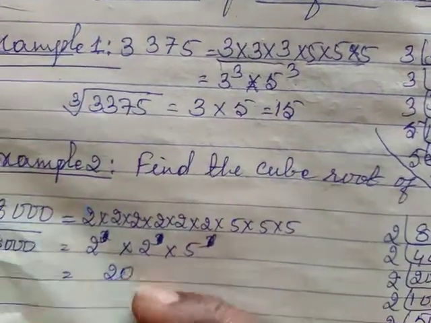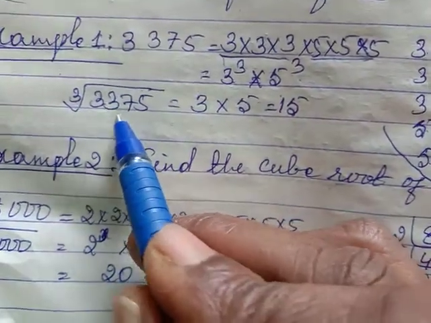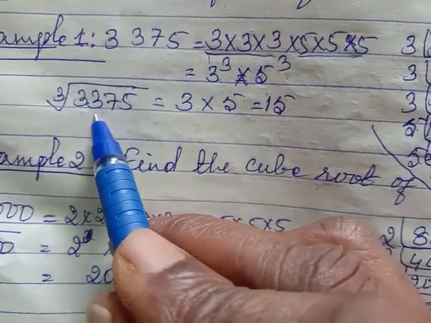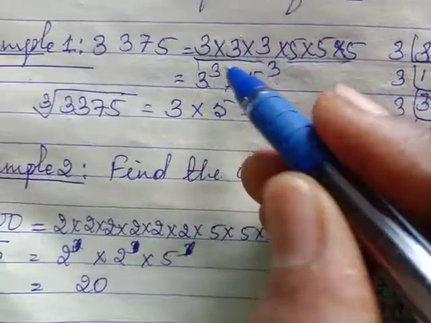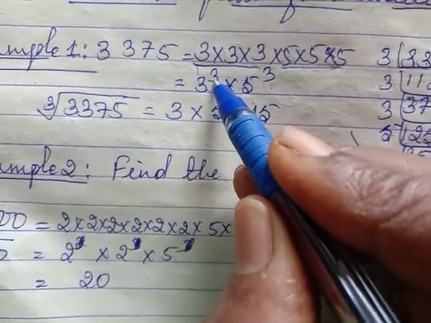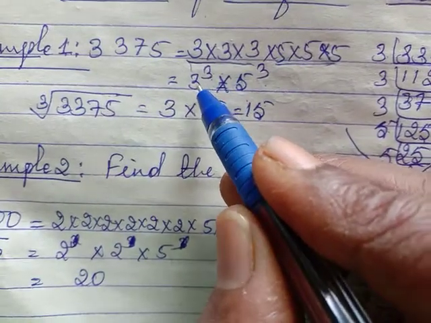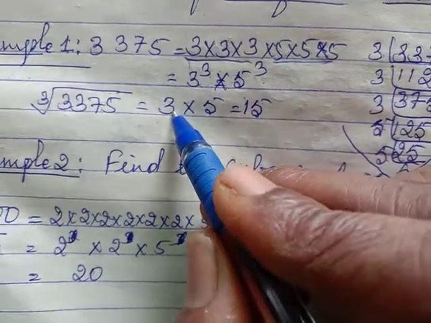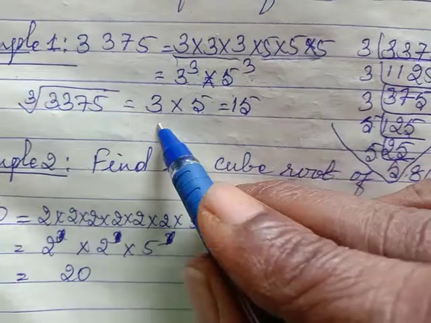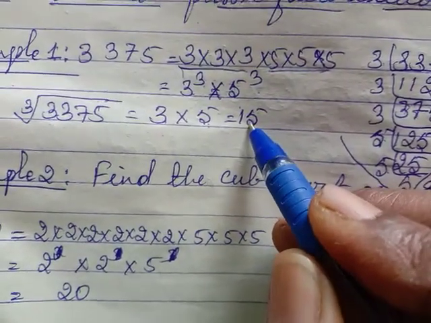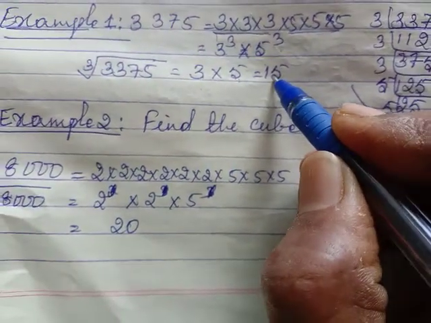Now the cube root of 3375 is equal to, you have to remove the cubes. 3 cube becomes 3, 5 cube becomes 5. So 3 fives are 15. Okay children? This is the way of writing.